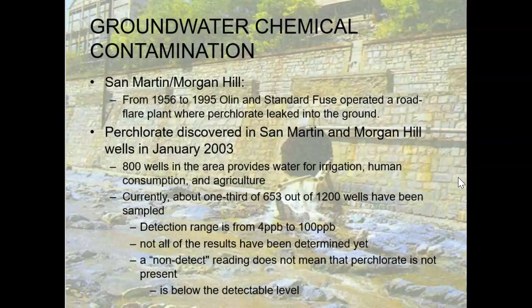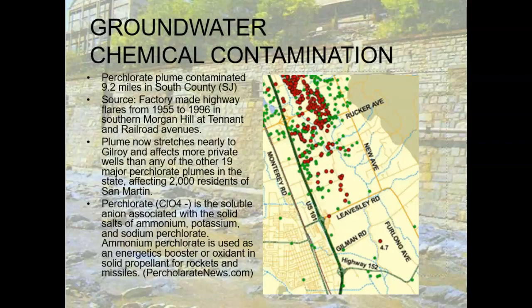There were about 800 wells in that area that provided water for irrigation and human consumption and agriculture, and most of them have been sampled since then, and they are no longer being used to provide water for consumption. But the result was that the company that had been involved, Olin, O-L-I-N, ended up providing bottled water to residents while this situation was getting sorted out.